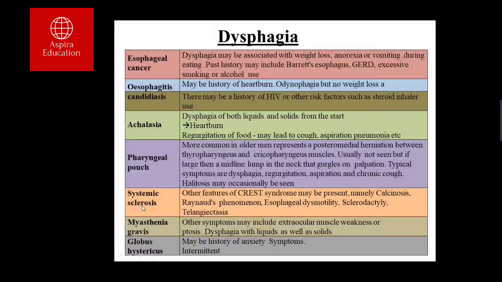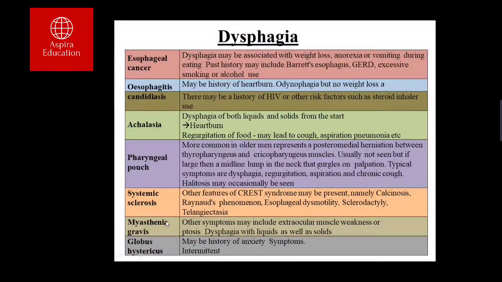Do remember systemic sclerosis is one of the important topics in MRCP Part 1, Part 2, even in the PACES exam. So you need to know about systemic sclerosis and how it presents. Somebody who has come with symptoms of the fingers, with Raynaud's phenomenon, and has dysphagia, you should always consider esophageal dysmotility.